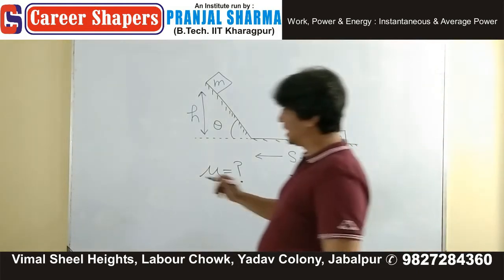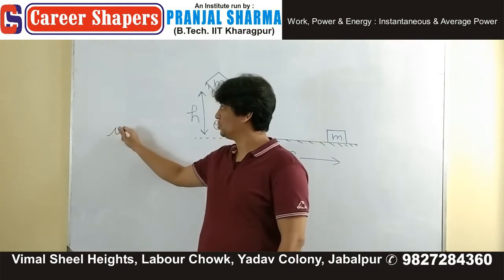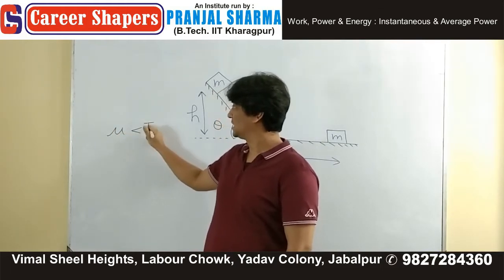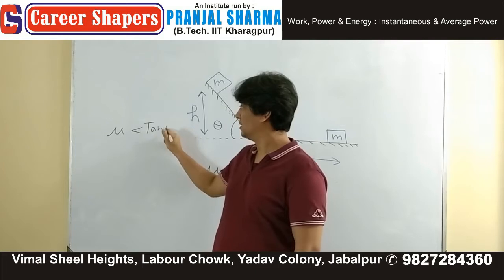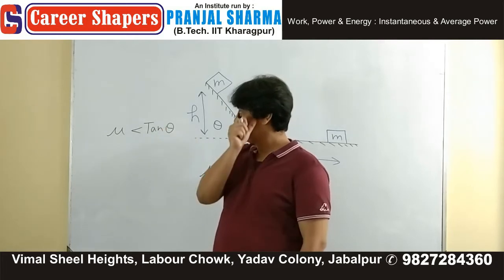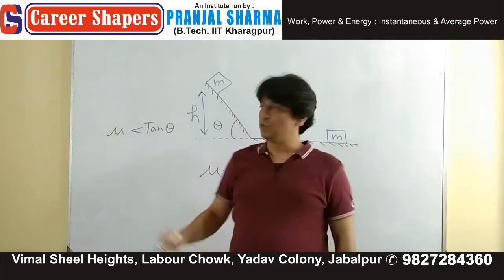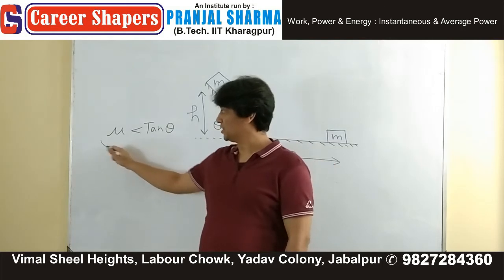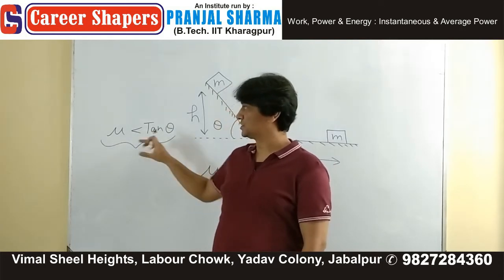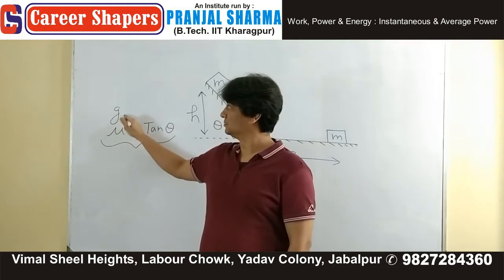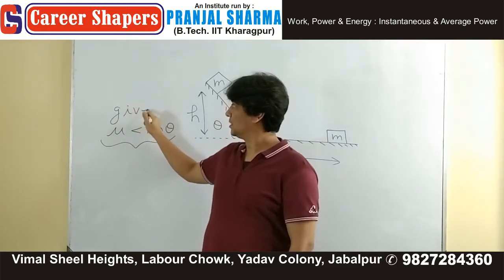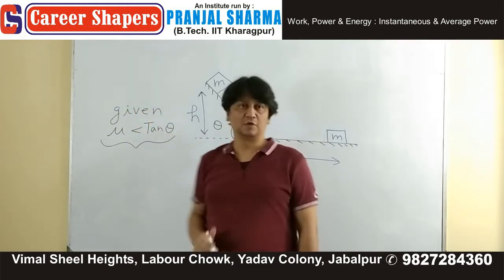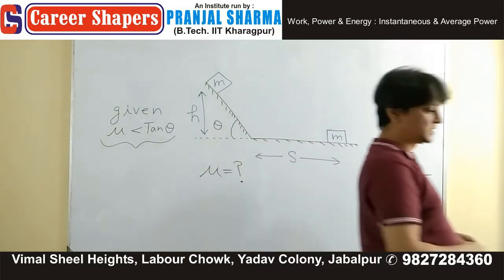And it is given that mu is less than tan theta. Now, who will tell me why we have given this information? This is given that coefficient of friction, whatever it is, is less than tan theta.